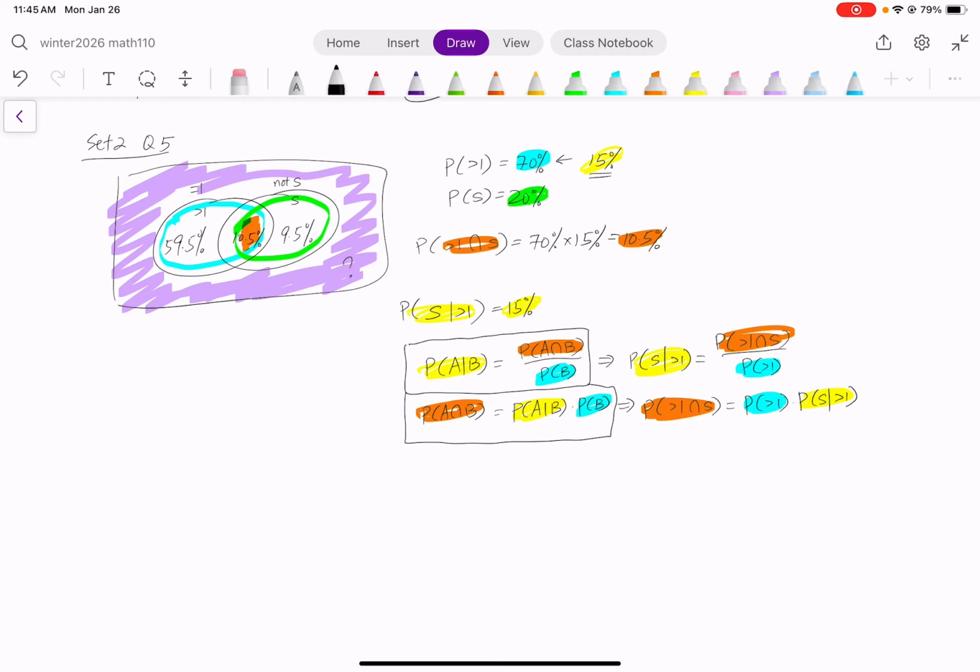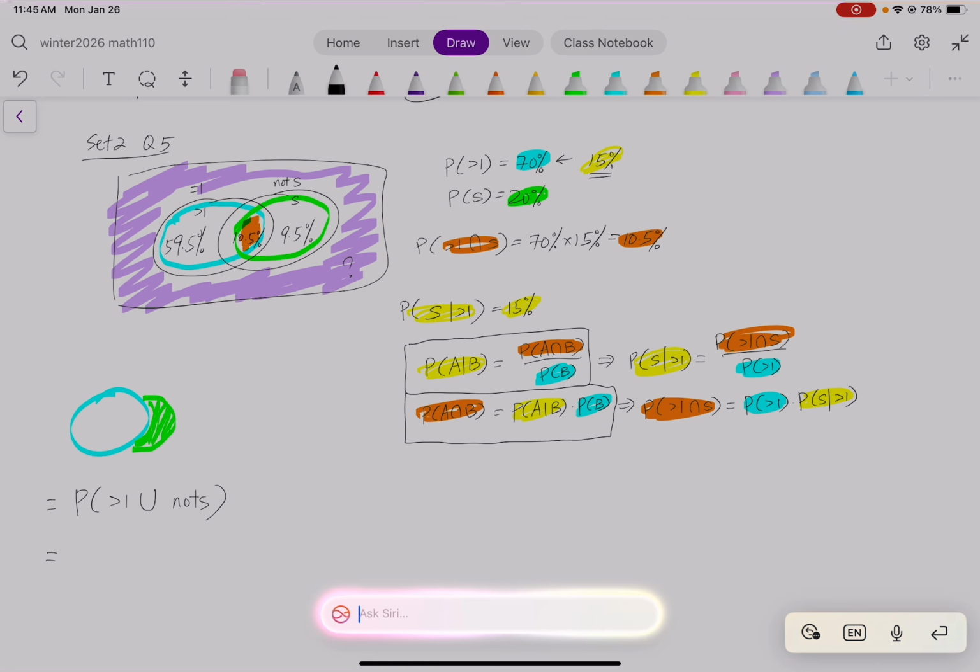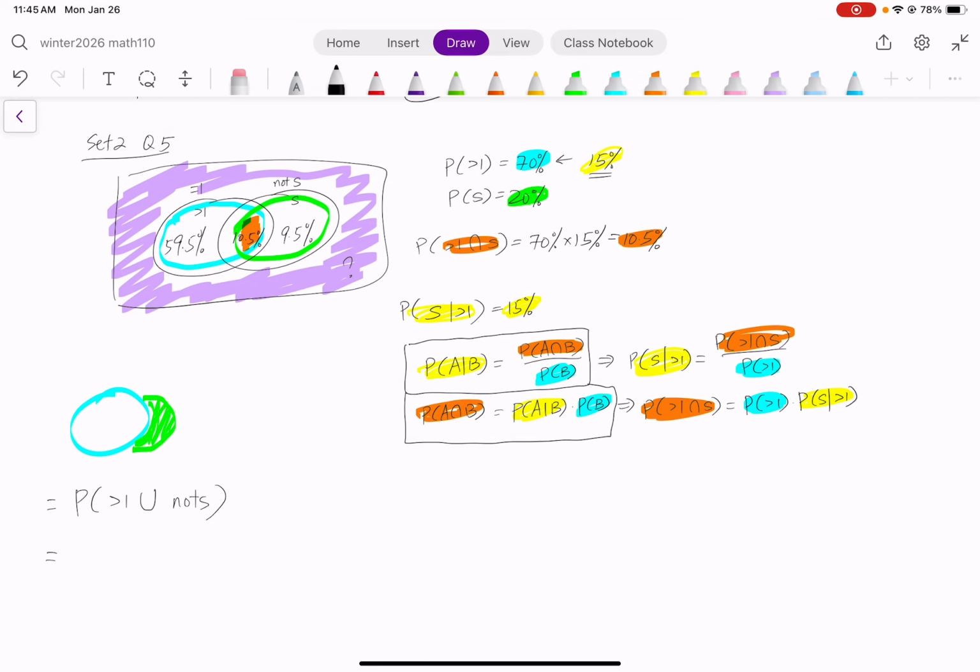Then what's this plus this is the probability of more than 1, or sports car, which is 70% plus that 9.5%, giving 79.5%.